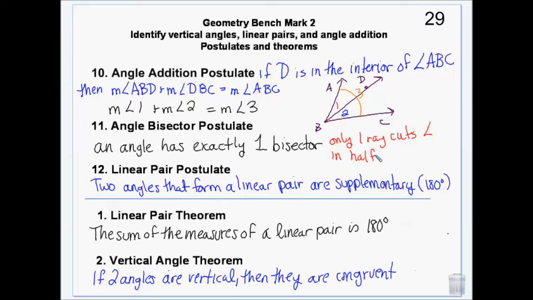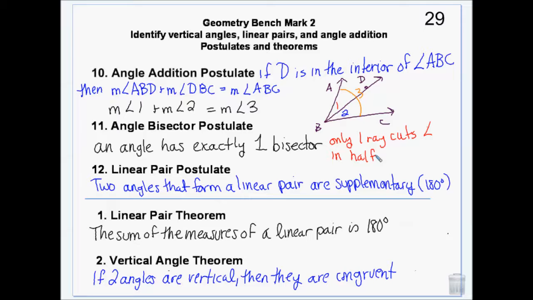And then the linear pair theorem says that if you have a linear pair, they add up to 180 degrees. Well, if they're supplementary, they're 180 degrees. Make sense? So the fact that they are supplementary means that they have to be 180 degrees. So these two things go together.